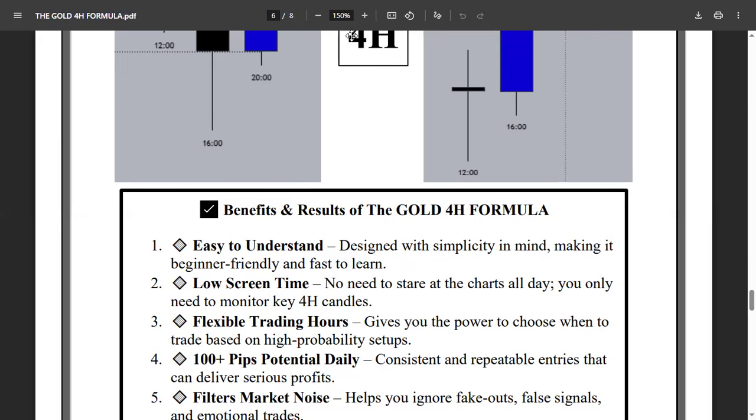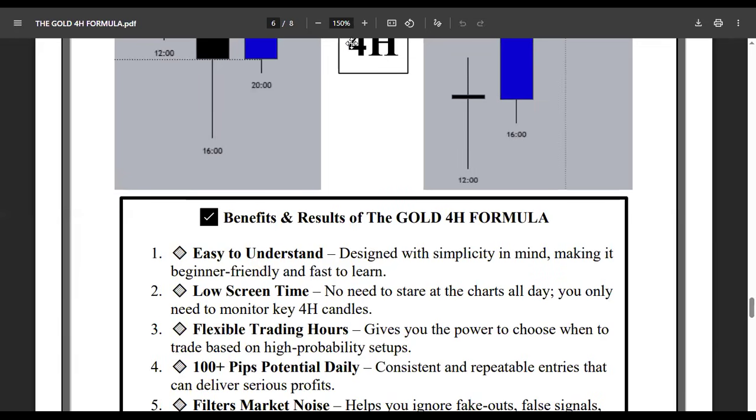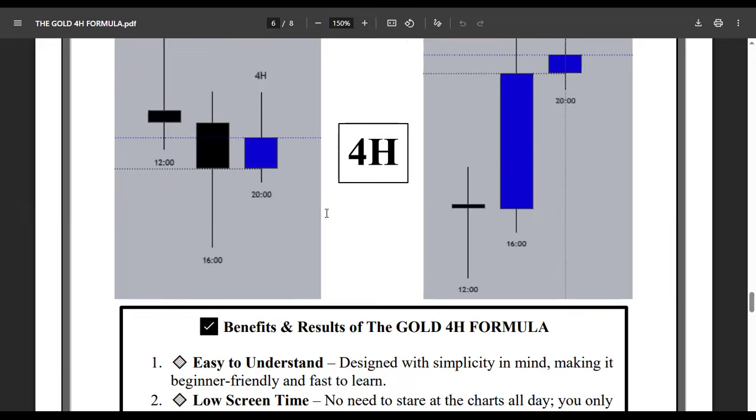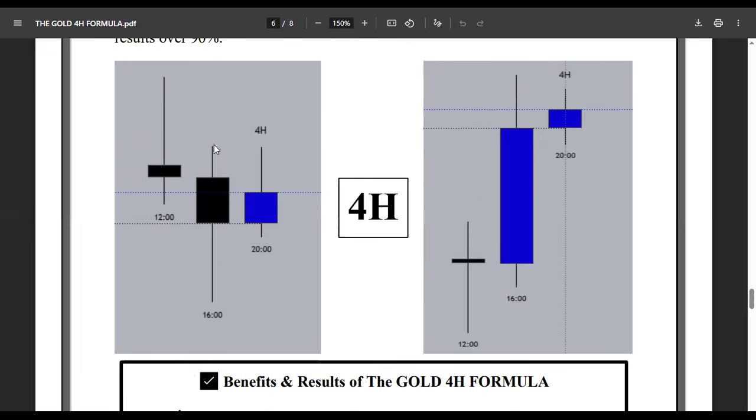Any other question? How do you handle the Asian session liquidities, guys? I told you this program we deal with candlesticks, okay? The 4-hour candles. So we are not going to deal with any type of liquidity or session liquidity.